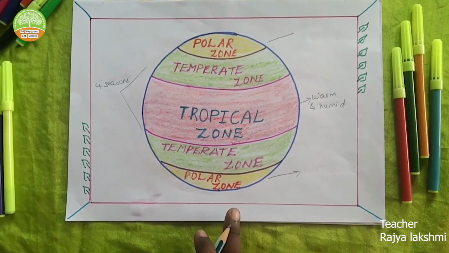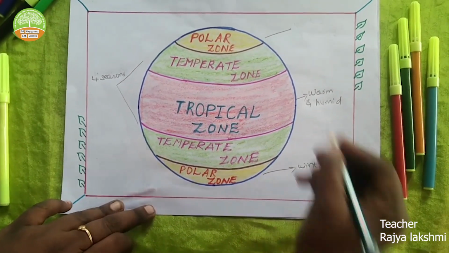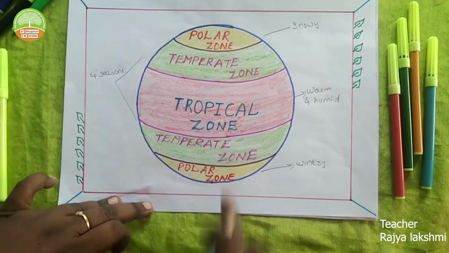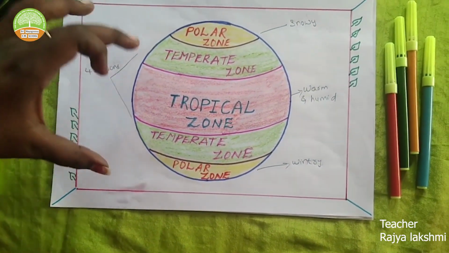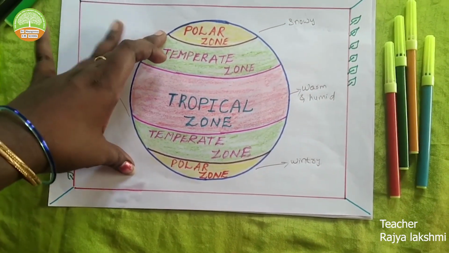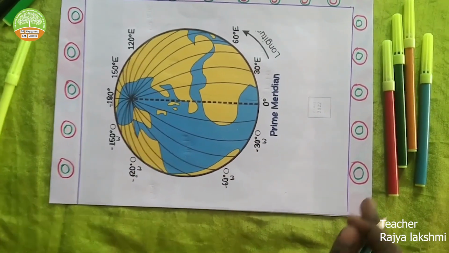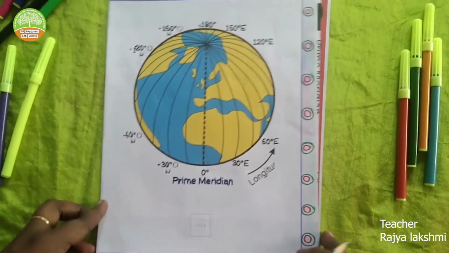Here the climate is wintry and snowy due to lack of sunlight. The sunlight is very low, that's why the polar regions have snow and a wintry climate. Now let's look at the other imaginary lines along with latitudes, called longitudes.